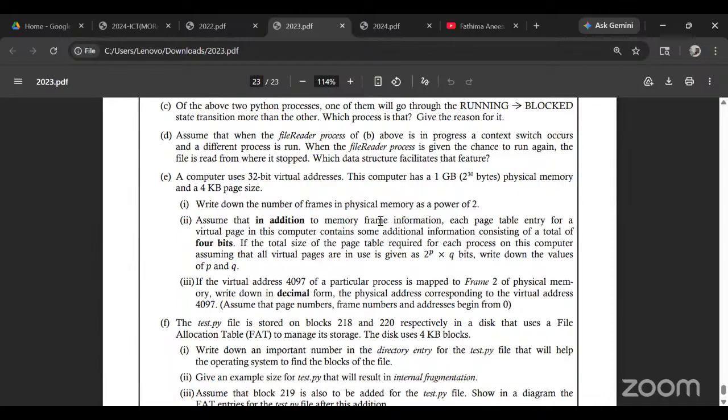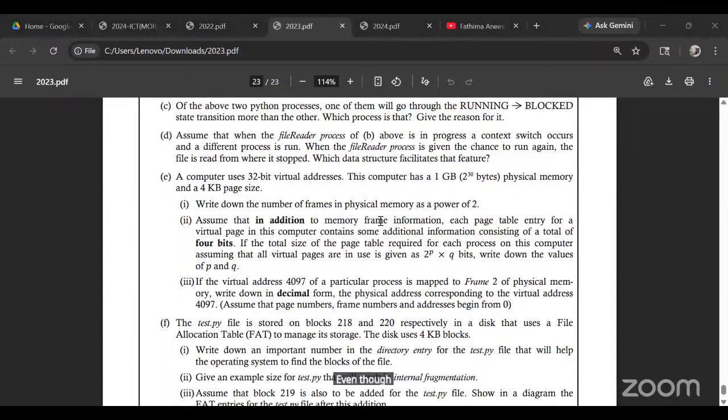While the file reader process is running, the context switch is happening. So which data structure facilitates this feature? They are saying context switching, read it.